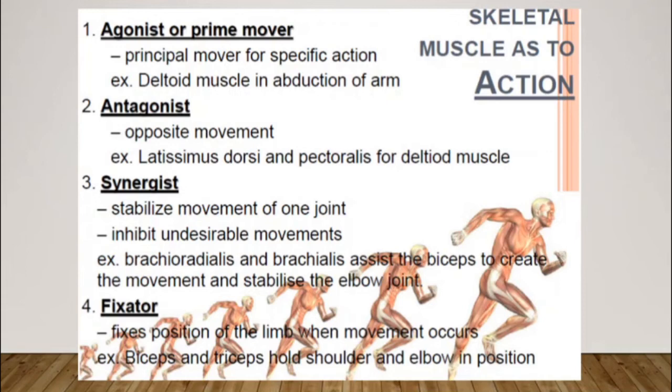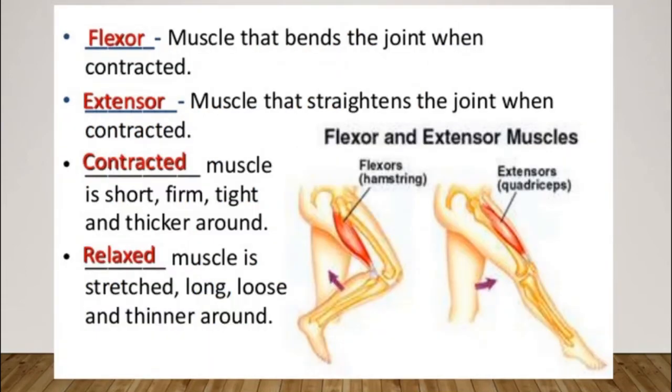The brachialis assists the biceps to create the movement and stabilize the elbow joint. A fixator fixes the position of the limb when movement occurs, for example the biceps and triceps.